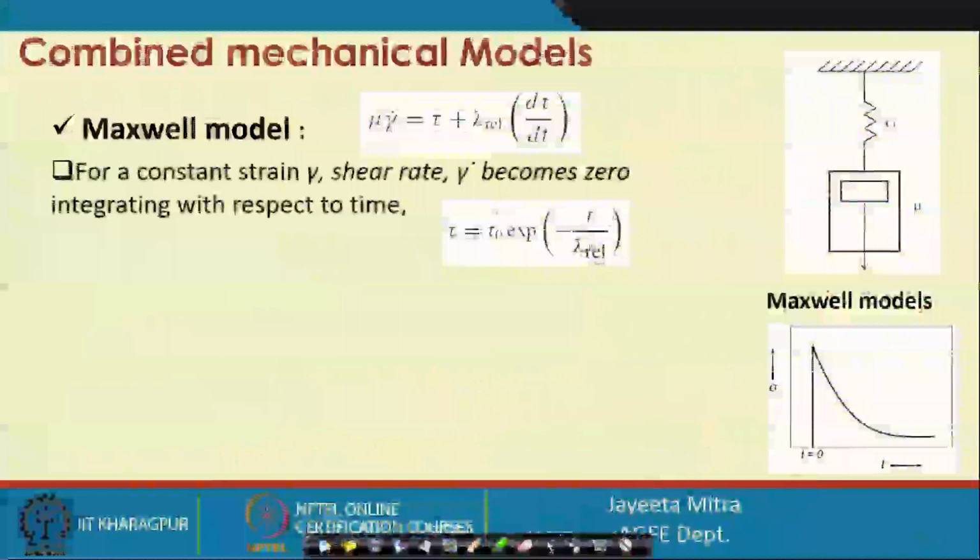So, again we are getting the same expression that we had expressed by looking at the graph. If we take this shear stress as sigma or tau, we get tau 0 into e to the power minus t by lambda REL, where lambda REL is the stress relaxation time.